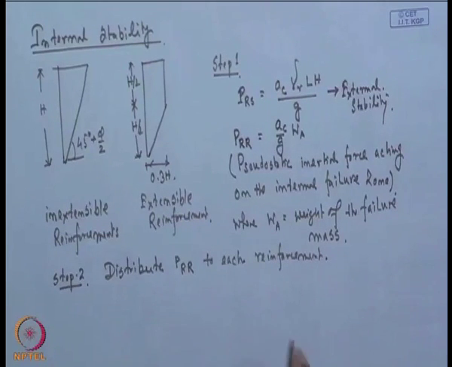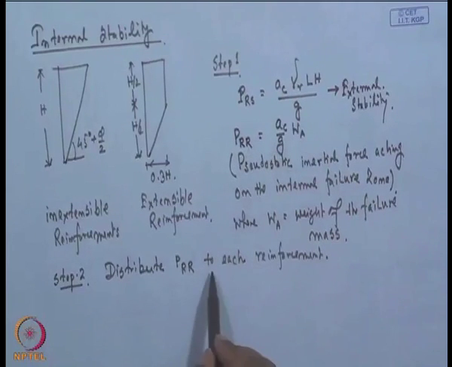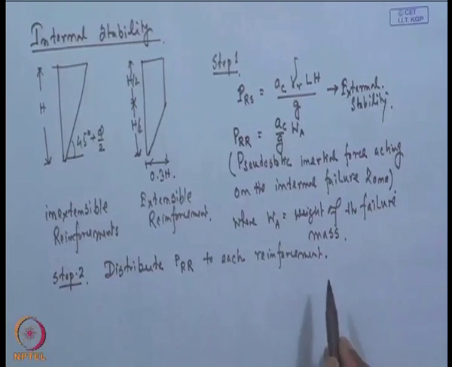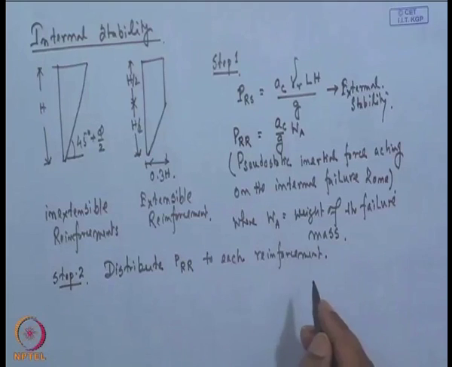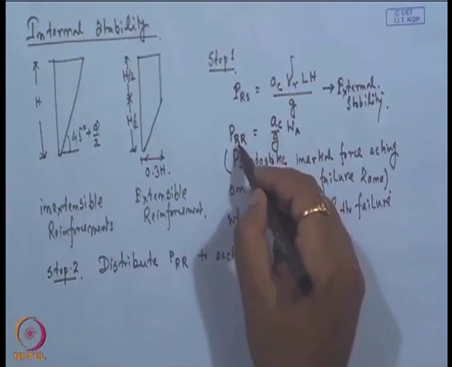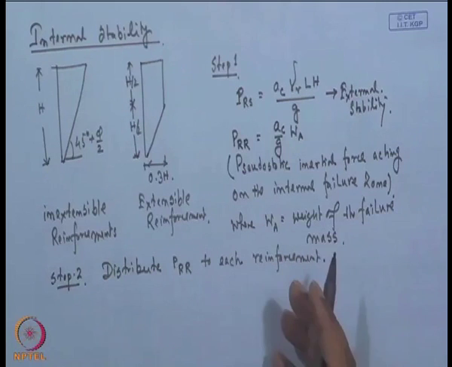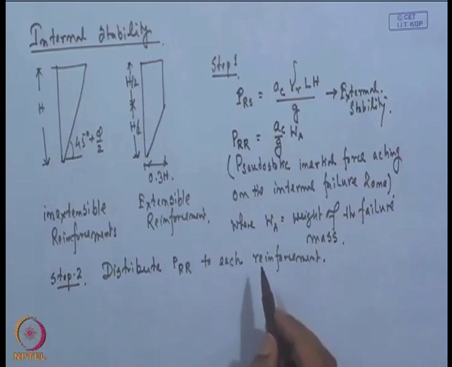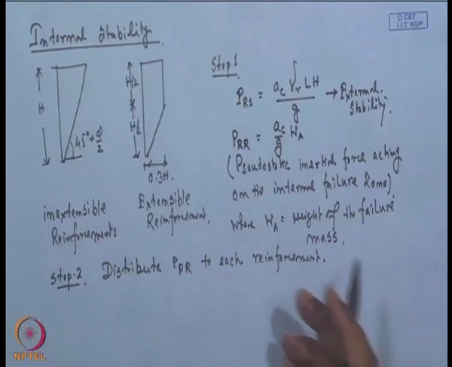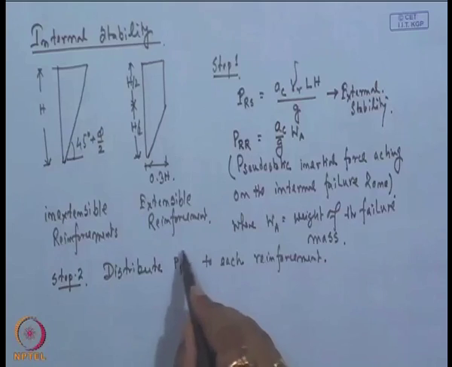Once we determine this P_RR, we can distribute this additional force due to the seismic condition equally to each reinforcement, or we can distribute it proportionately according to the area each reinforcement is covering, because it is not always mandatory that reinforcement spacing or length would be the same; it may be different. If it is different, then proportionately we can distribute this additional force to the reinforcement.